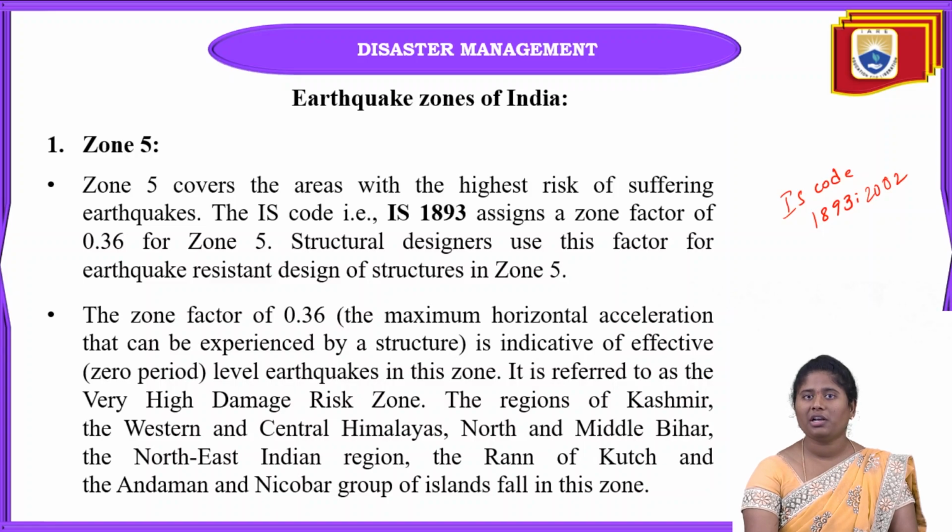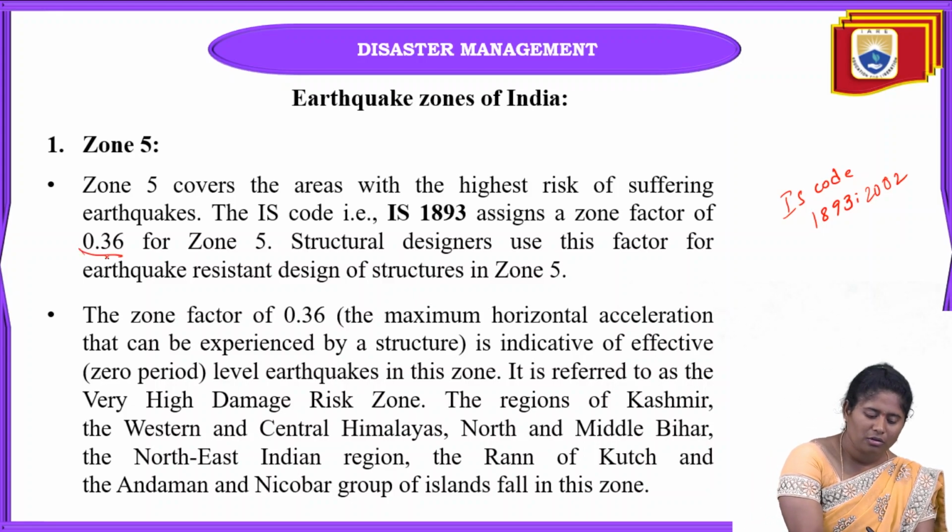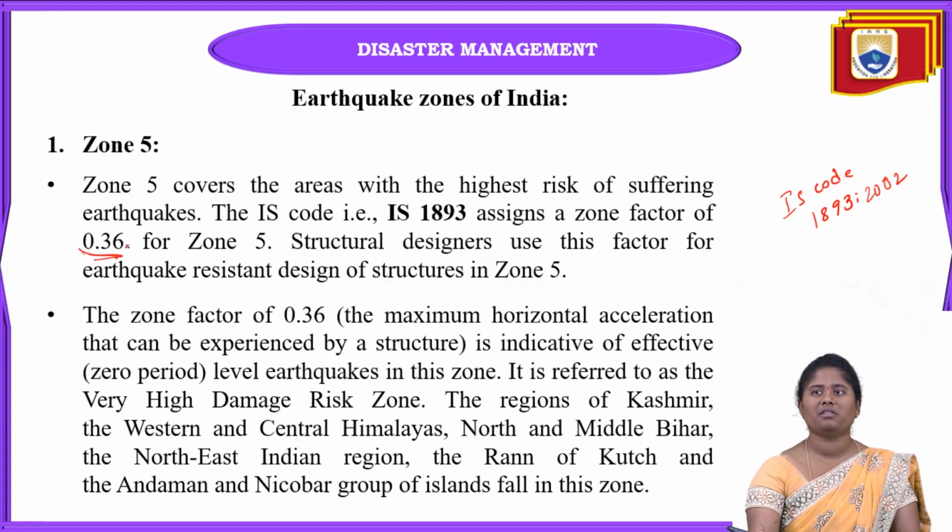Structural designers use this zone factor if they are going to construct huge structures or any type of buildings in this zone 5 area. They are going to take this zone factor value when designing or analyzing the overall building design.